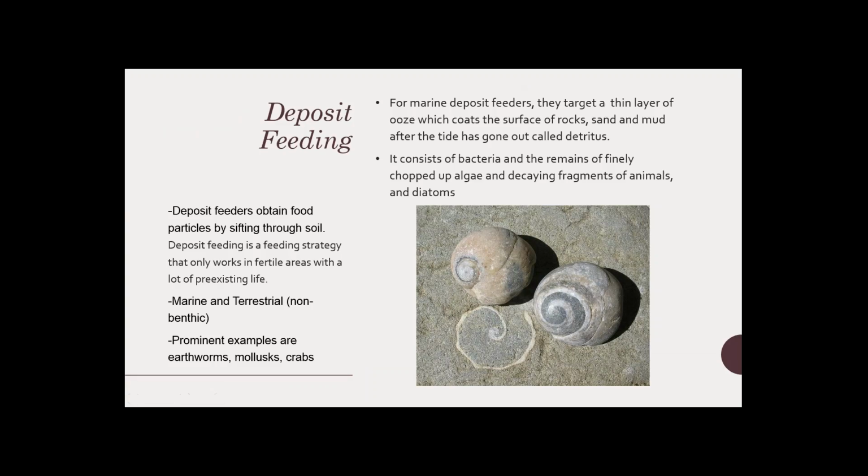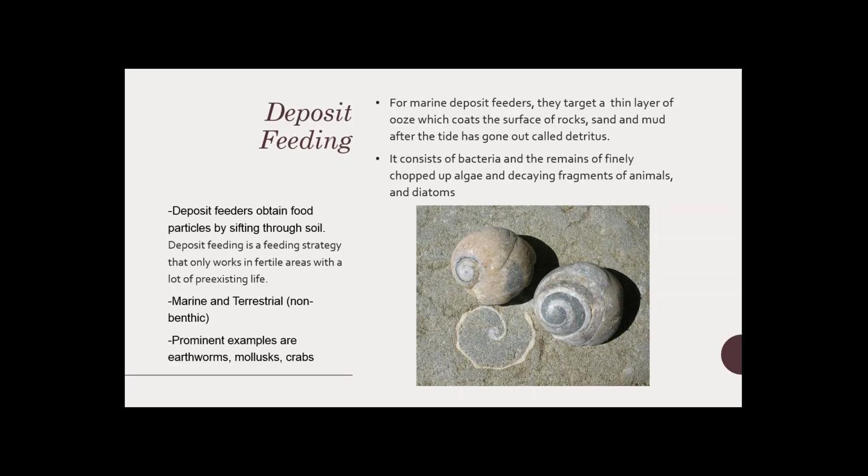So the next thing is a deposit feeder, and deposit feeders are actually benthic feeders because they feed at the bottom in the ocean. Well, the definition is feeders that obtain food by moving through soil or sand.